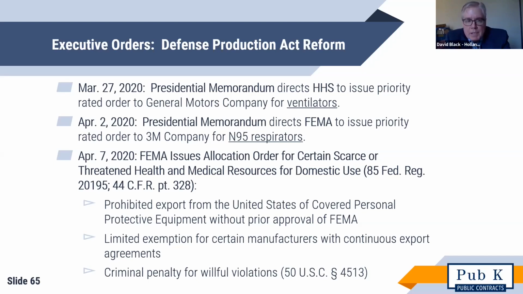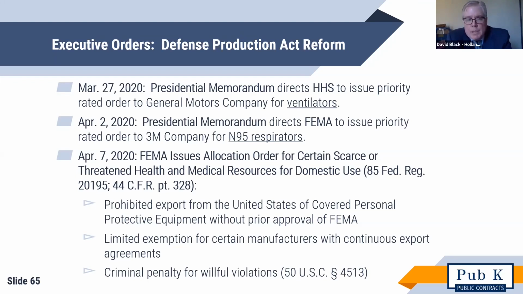Then on April 7th, FEMA again is using its newly delegated authority. It issues an allocation order, not a priority order, for producing or manufacturing or delivering health and medical resources. This is an allocation order to control the marketplace, and this was basically what FEMA's order said.